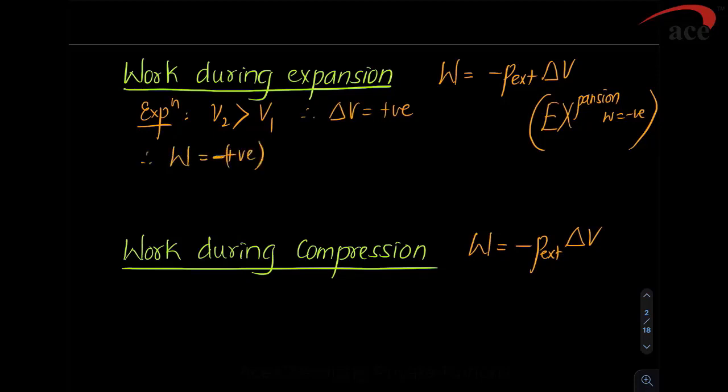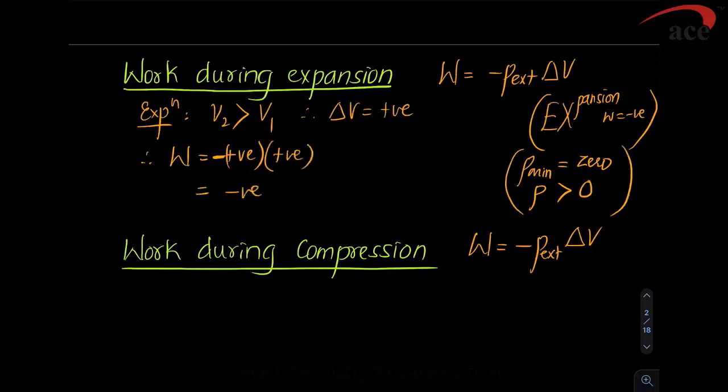Minus is a sign; pressure is always positive. The minimum value of pressure that you can ever have is 0. That means all values of pressure are greater than 0, so they are positive. In expansion delta V is positive, so your entire answer is negative. That means work during expansion is negative, which follows the required sign convention.